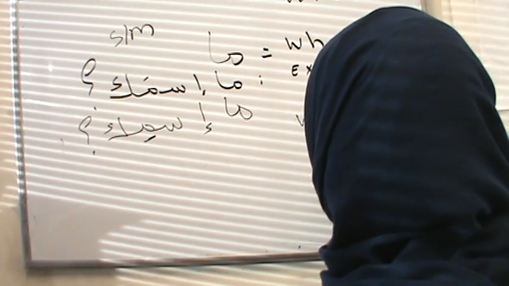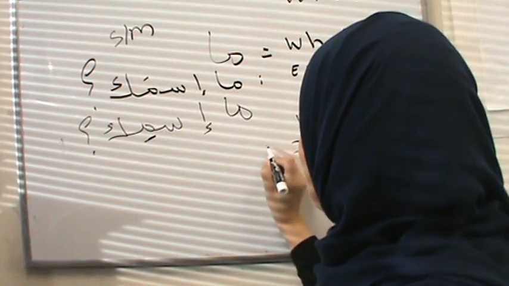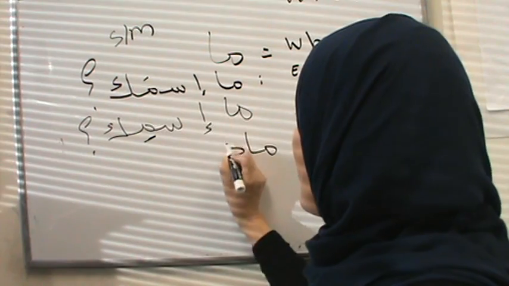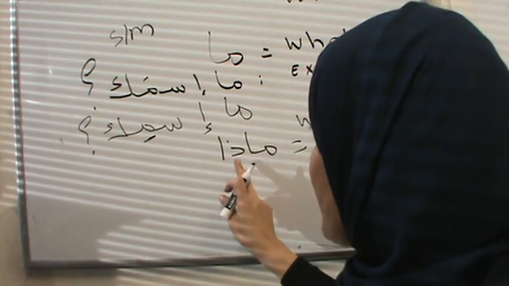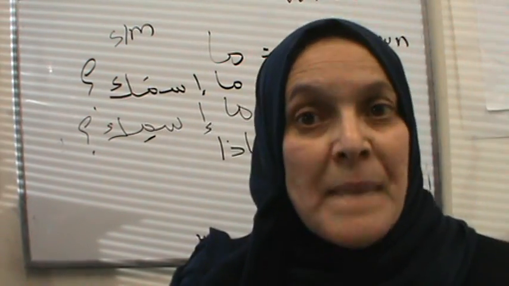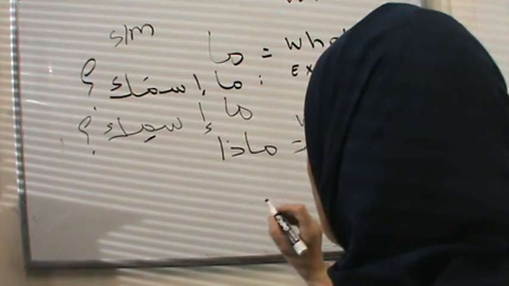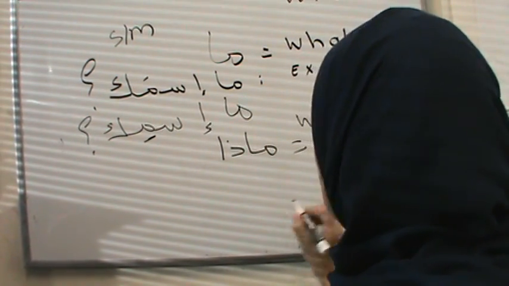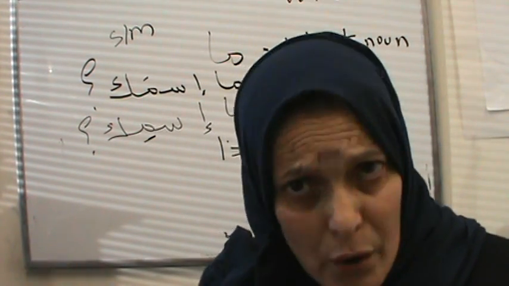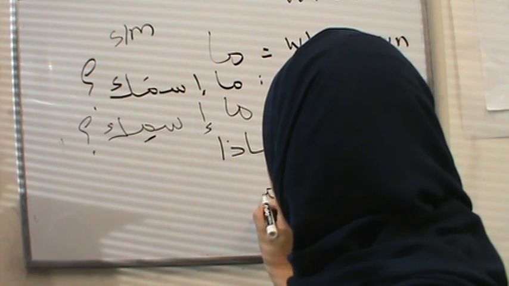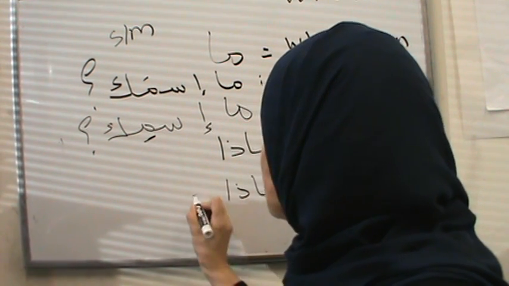The what that goes with verbs is ماذا. It's mim, alif, dhal, alif. ماذا. Example, in English we would say, what do you do for work? ماذا تعمل.